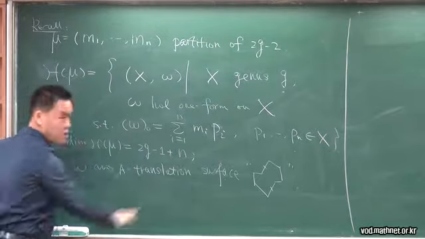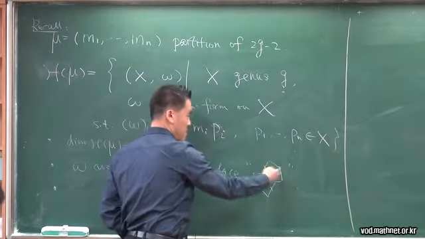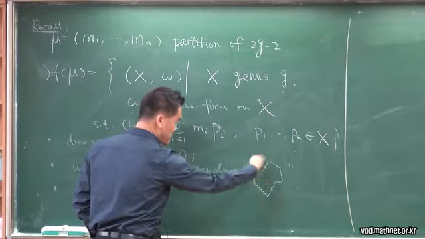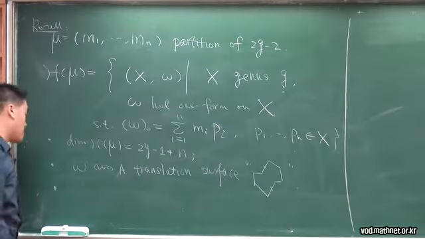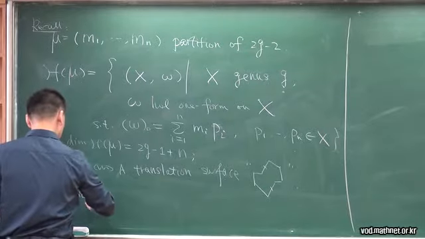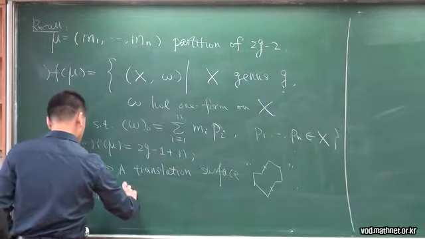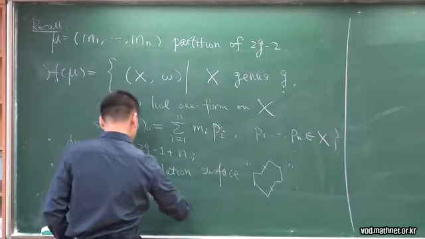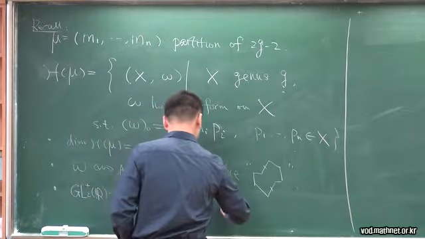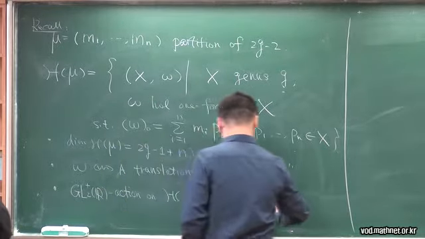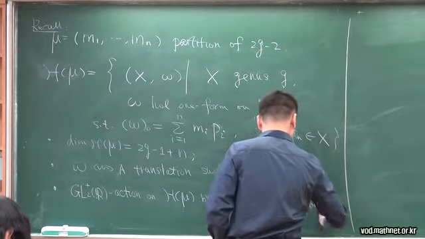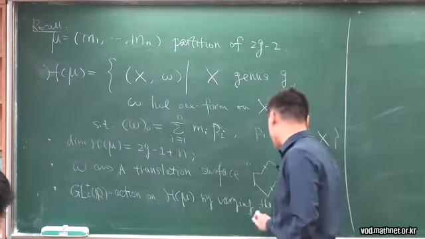And once you have this identification, just naturally by varying this plane polygon model of this one form, applying say a 2x2 real matrix to this polygon, that induces a global action, called a GL2R action, on the space H mu, just by varying the flat polygon corresponding to omega.